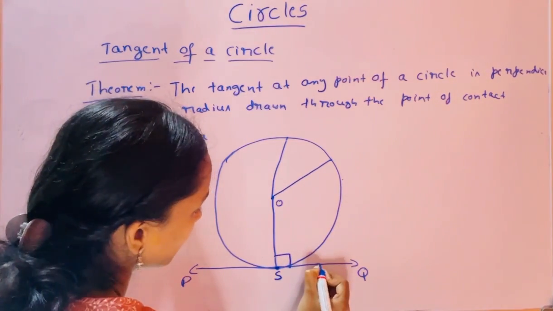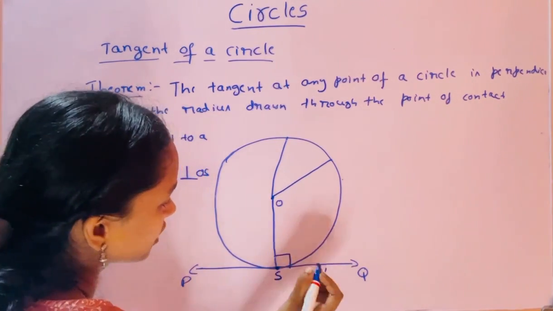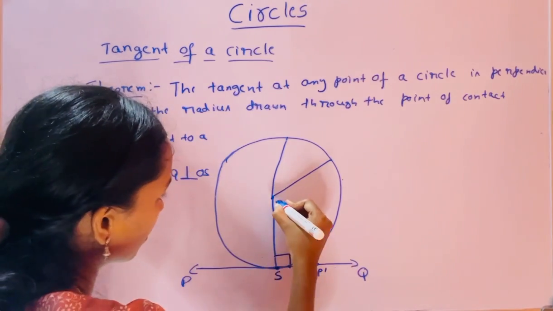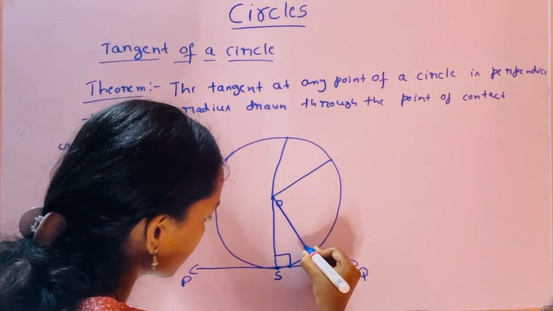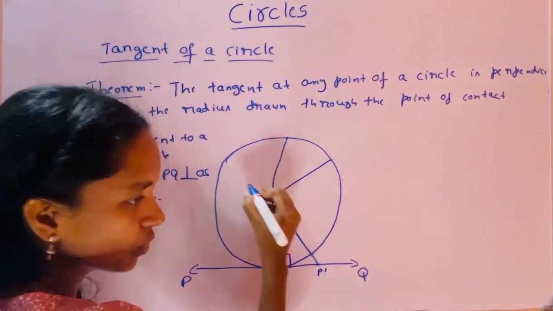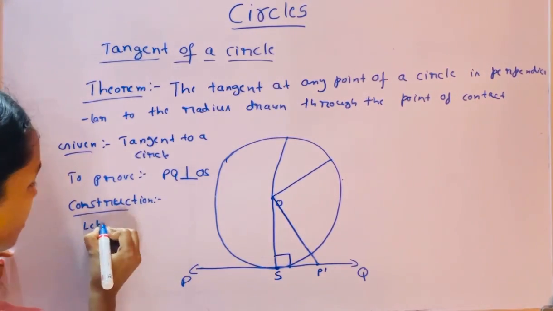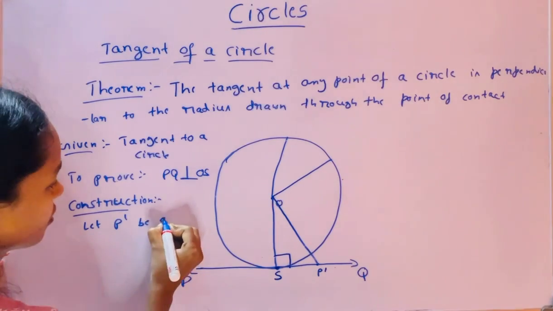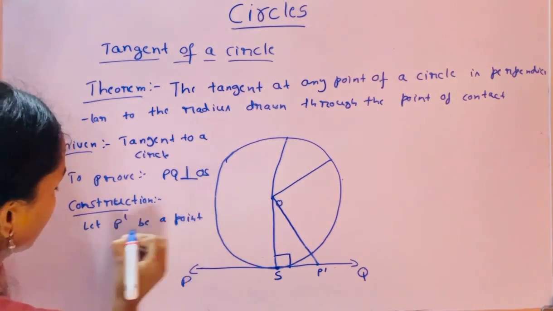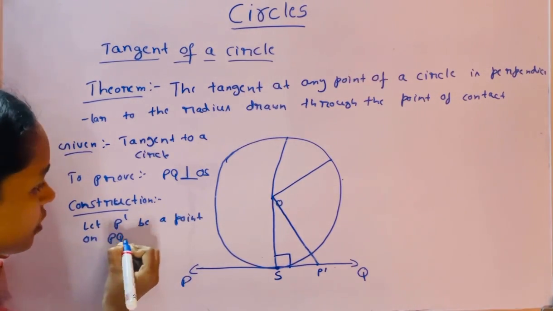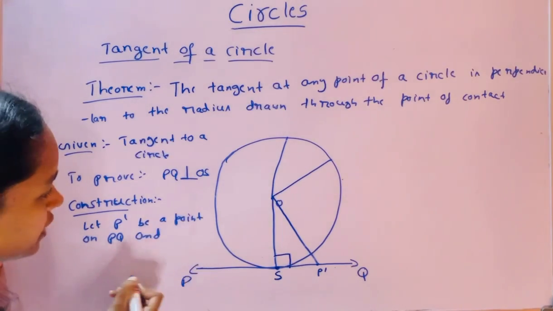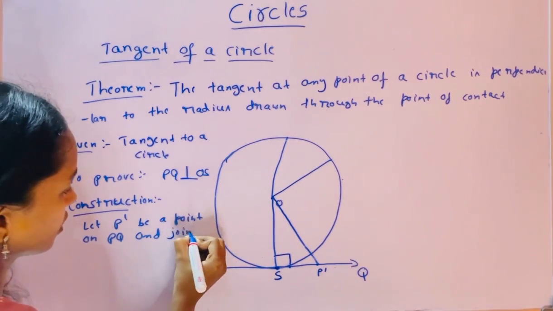Let P dash be a point on the tangent PQ. Join P dash to O. Okay, that is the construction. Let P dash be a point on PQ and join OP dash.